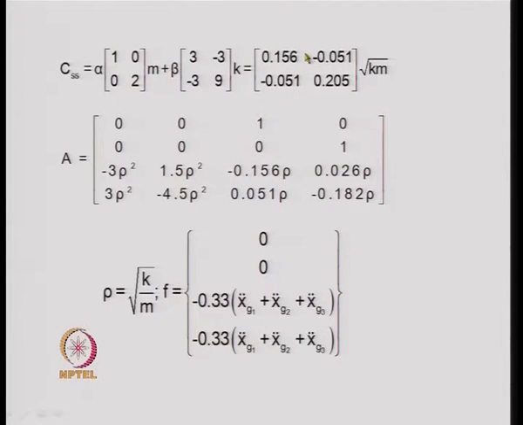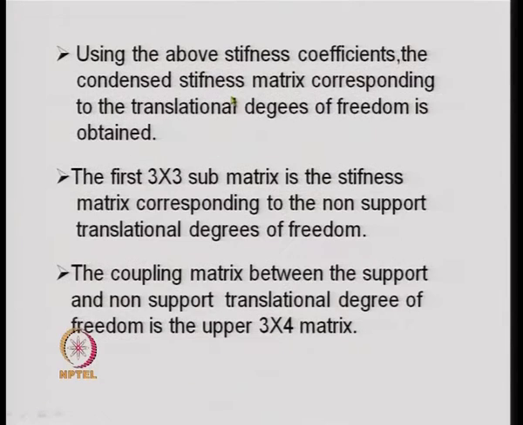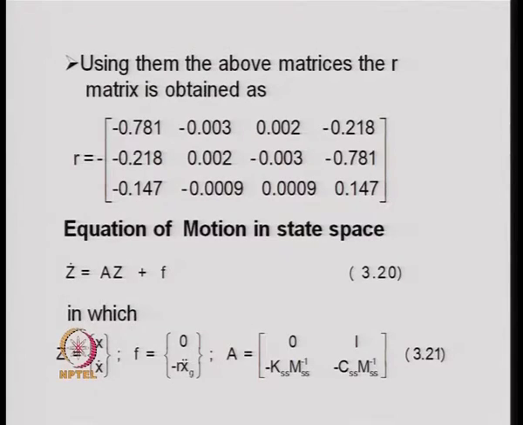And once we have this damping matrix for the system, then we can use the same formulation: KSS we know, MSS inverse is also known, and now we also know the CSS matrix.